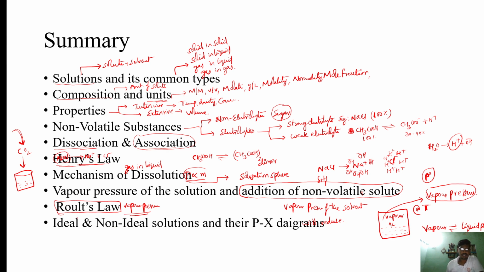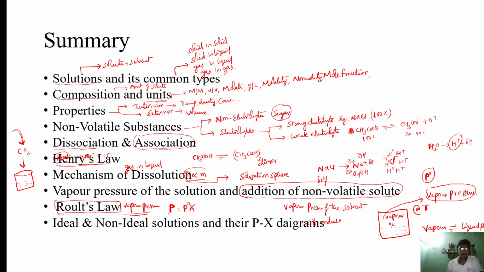What does this Raoult's law say? Raoult's law says that vapor pressure of a solution is equal to the vapor pressure of the liquid in its pure state into its mole fraction.